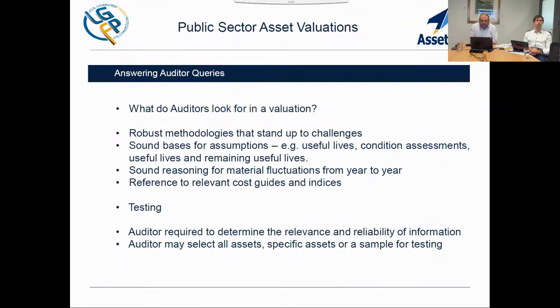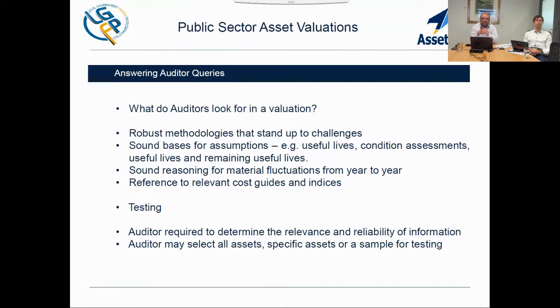So auditors have got their own standards to adhere to, but in terms of our interactions with auditors, the main thing that they are looking for from us is to provide robust methodologies that stand up to challenges, provide sound bases for assumptions such as useful lives and condition assessments and remaining useful lives, and provide sound reasoning for any material fluctuations from year to year, and to reference relevant cost guides and indices.